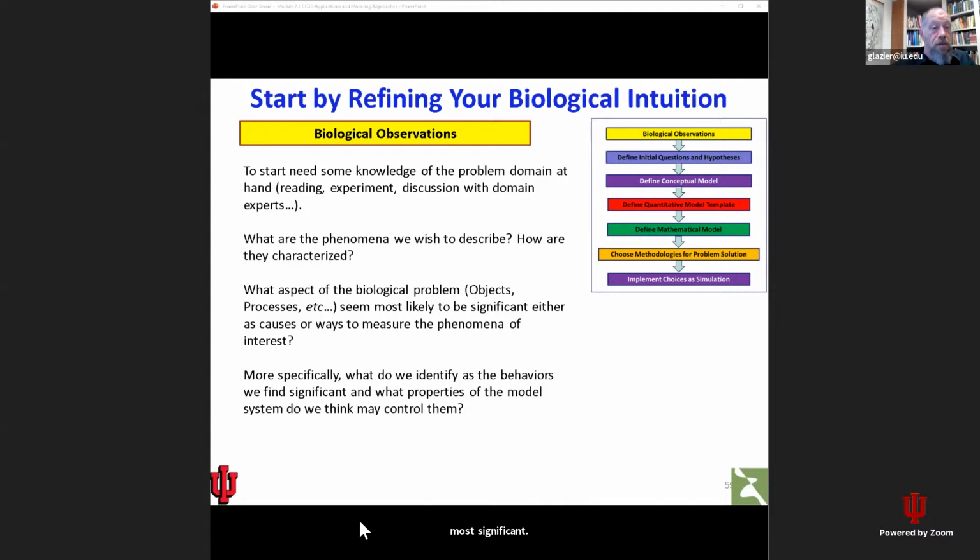And always coming back to the question of what's measurable, I think is very important. What did we use to decide what we thought was interesting? And also what aspects of the problem would allow us to control it? Because if all we can do is predict, we can learn scientifically, but fundamentally we can't advance medicine or engineering.